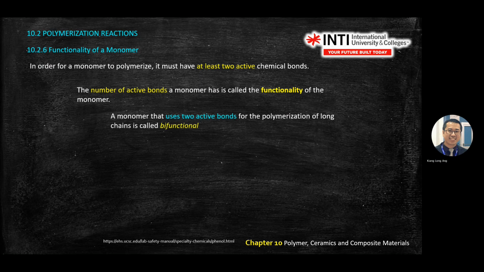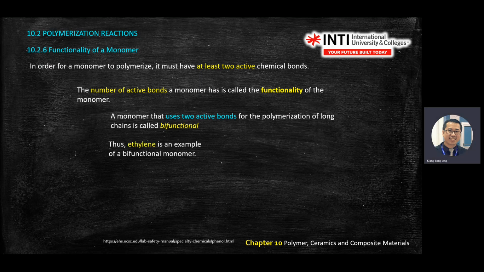If you have a monomer that has two active bonds, then you have bifunctional. Bi means two.